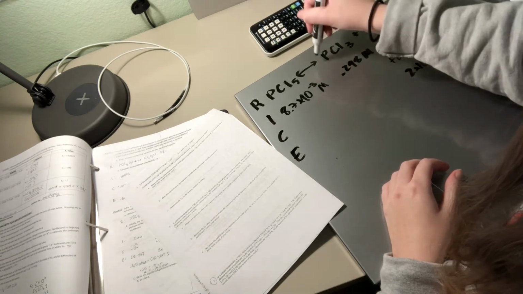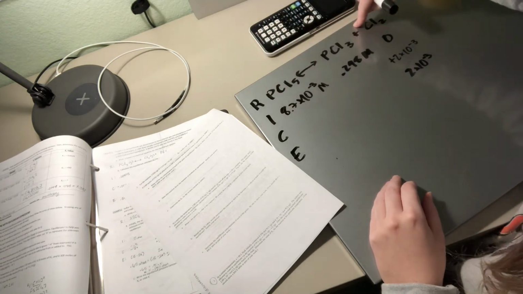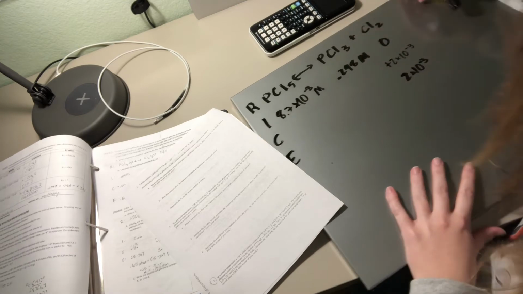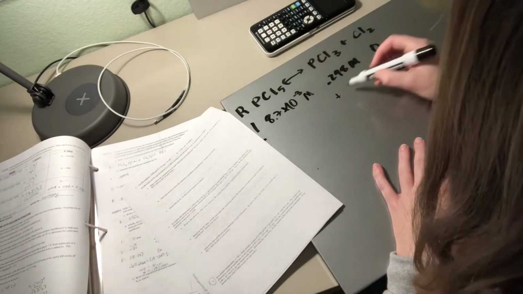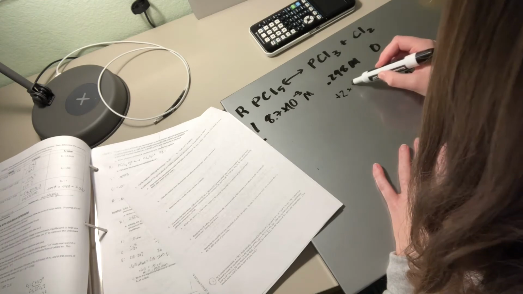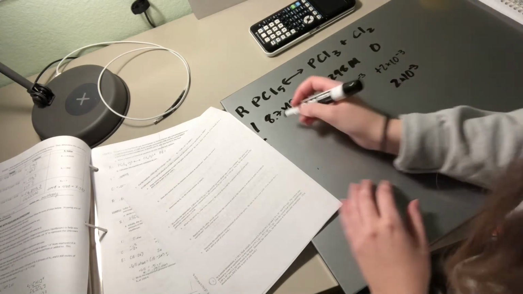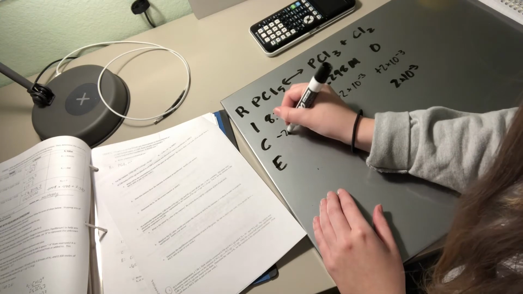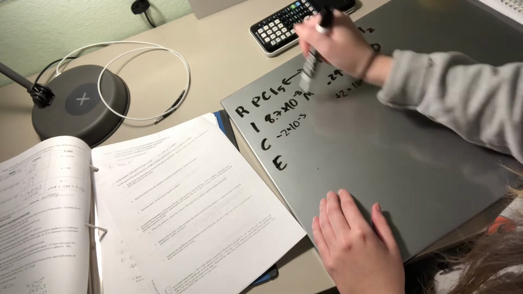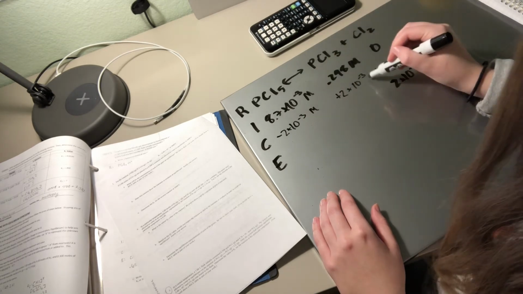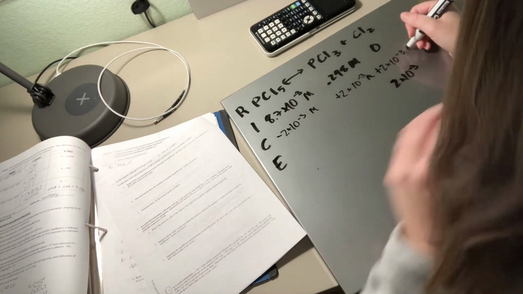Which means, since this is a 1-to-1-to-1 mole ratio, that this also gains 2 times 10 to the negative third, and we had to lose 2 times 10 to the negative third over here from our reactant side.